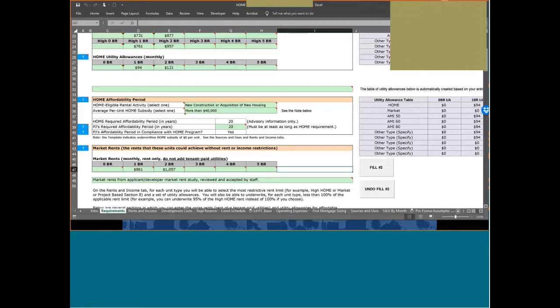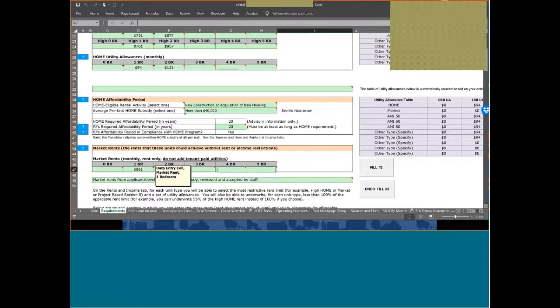And as a practical matter, you're not going to be able to rent a unit to somebody, unless it's a project-based subsidy unit in which the tenant is only paying 30% of their income, for a rent that's higher than market. That's just the practical reality of the world: you can't say to somebody, well, you have to be below a certain income limit to live here, and it costs more than the exact identical apartment across the street that doesn't have this program.